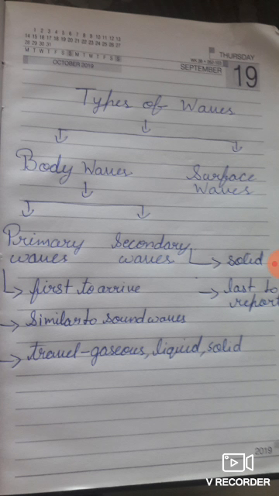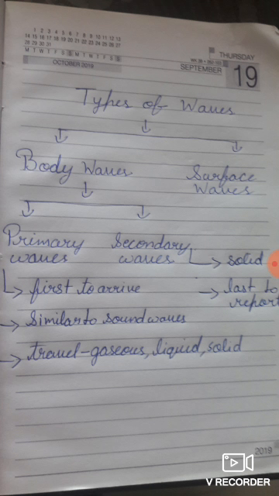The P waves are quite similar to sound waves. And children, the best characteristic of this wave is that it can move through gaseous, liquid and solid materials, or we can say in short that this wave can move through any type of material.